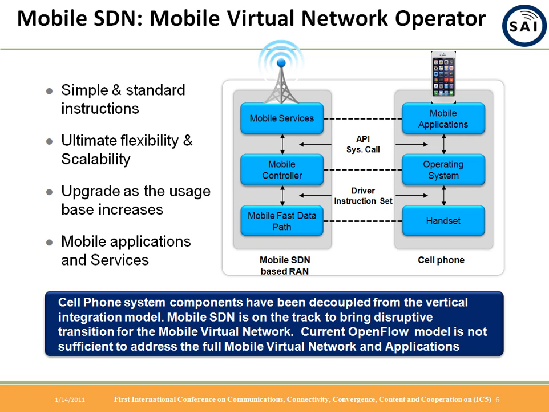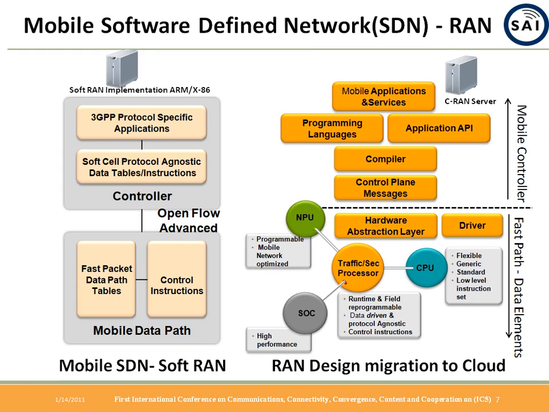I would like to move forward with the next slide, specifically how mobile SDN addresses the core components of the RAN, that's basically soft RAN, soft packet core, and soft routing, security, and provisioning management control elements.